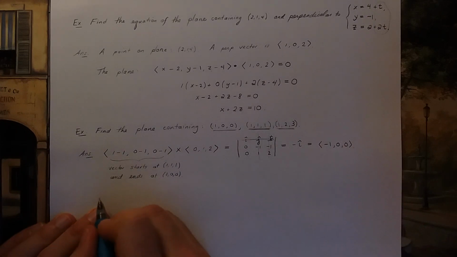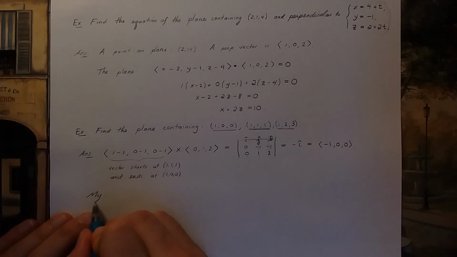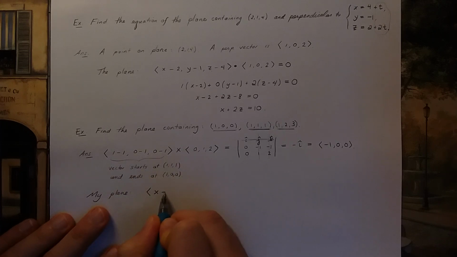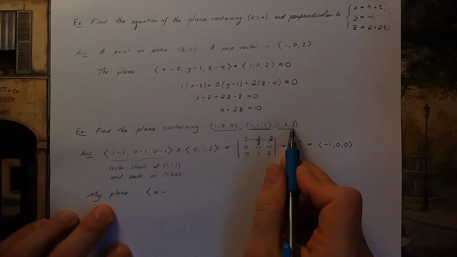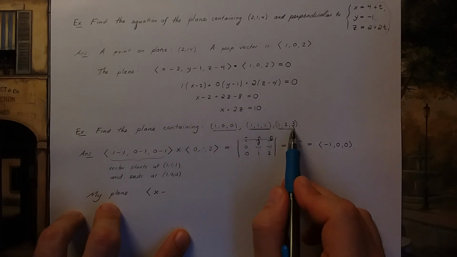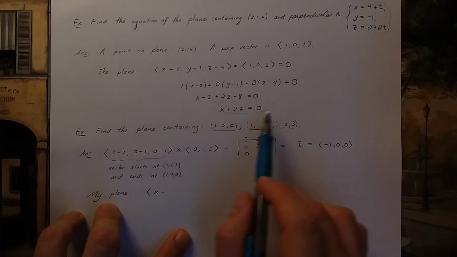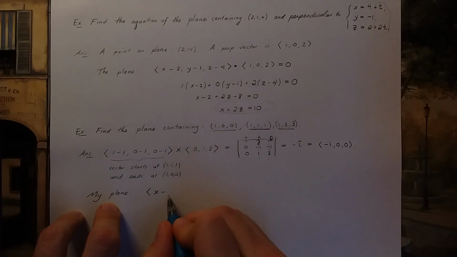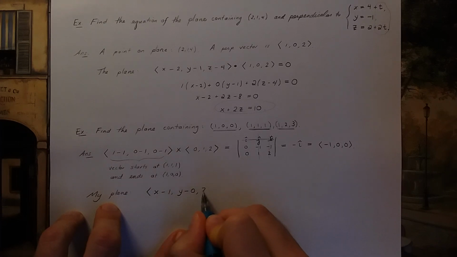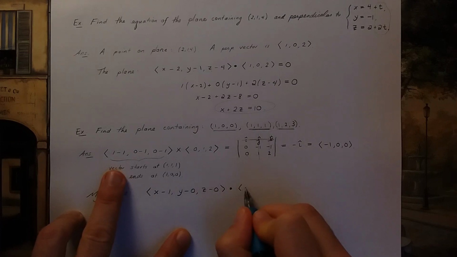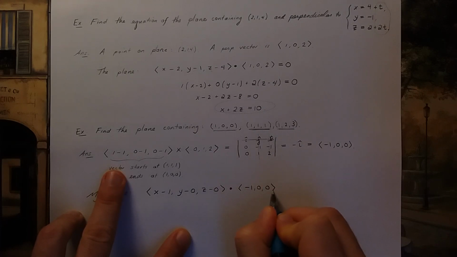Okay, so my plane is x. I'm going to pick one of these 3 points. It really doesn't matter which one you pick. In the end, you'll get the same equation for the plane no matter which one you choose. But I'll choose the first one. (x minus 1, y minus 0, z minus 0), and I'm going to dot that with the vector (-1, 0, 0).